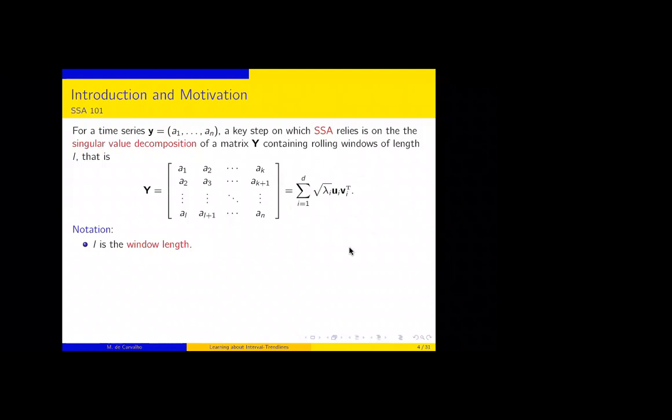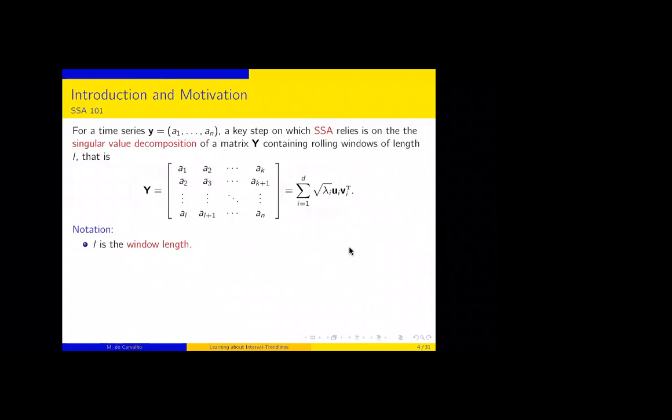So the idea is the following. Let's recap. You start with your raw data and move it into this trajectory matrix, and then you decompose your matrix using singular value decomposition in a way that I'll make precise in a second.